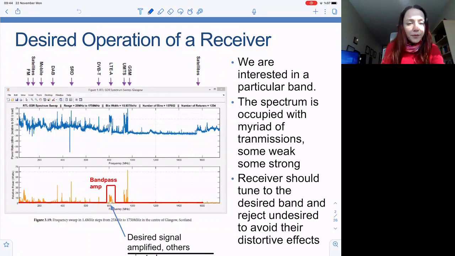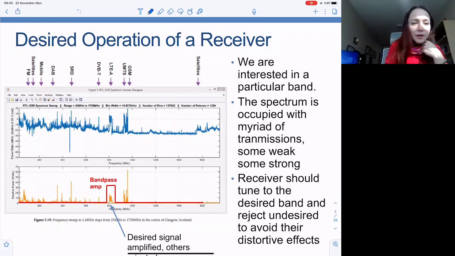For example, if you look at a screenshot from your RTL-SDR spectrum sweep, sweeping frequencies from around 100 megahertz to 1.8 gigahertz, we see that at the lowest edge of the spectrum there is frequency modulation radio, FM radio.